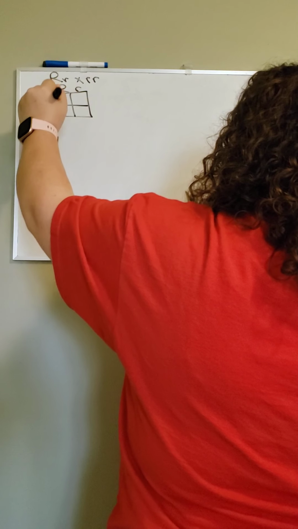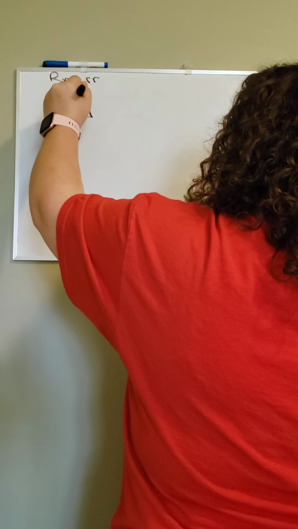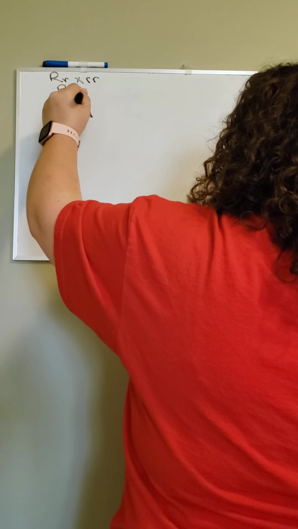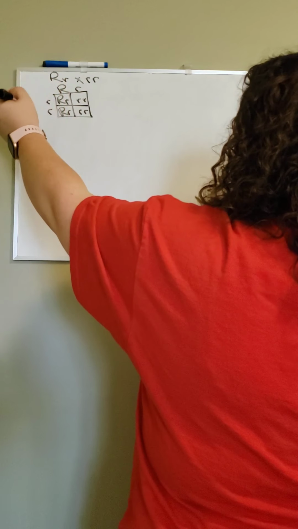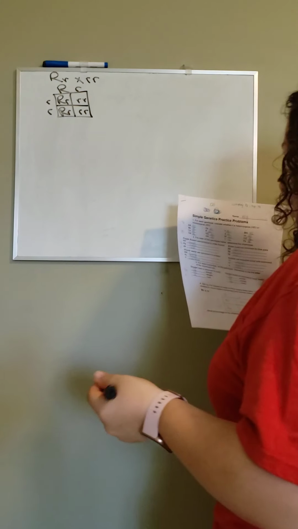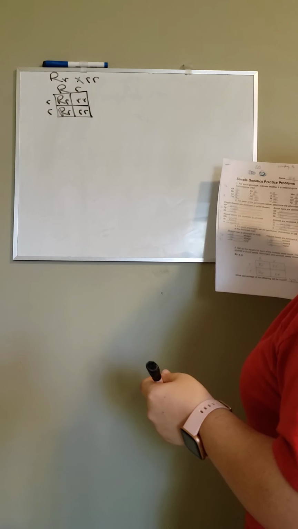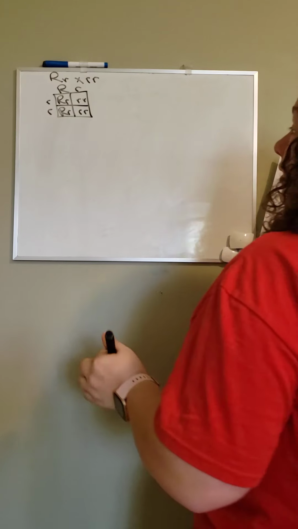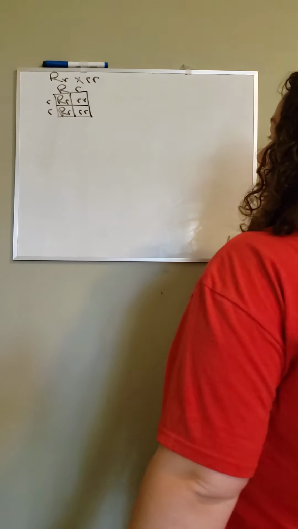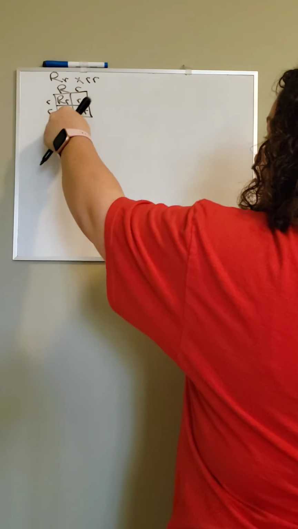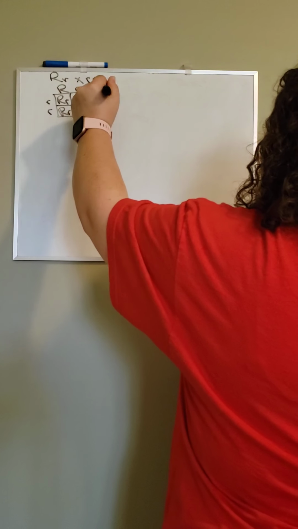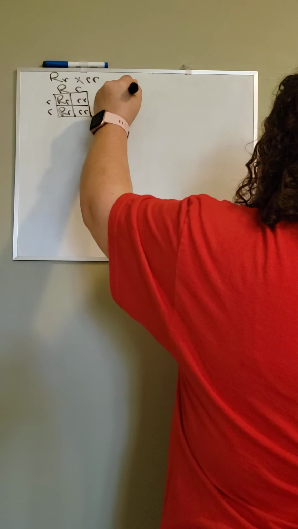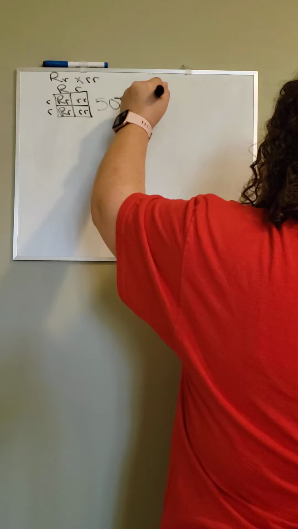So we fill out our box. Remember, big R comes down, little r comes over, so on and so forth. What percentage of the offspring will be round? So anywhere that there is a capital letter has to be round. Each box is 25%, so since there are 2 boxes, 50% would be round.